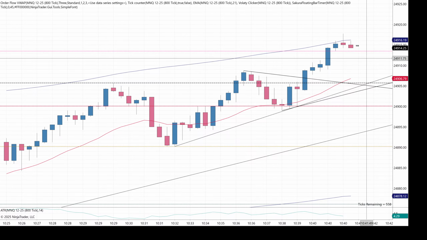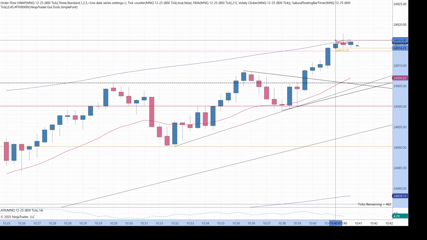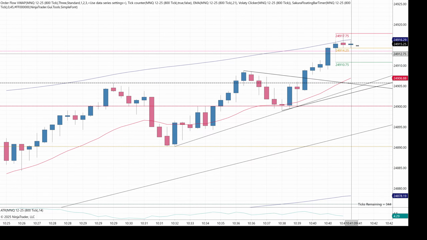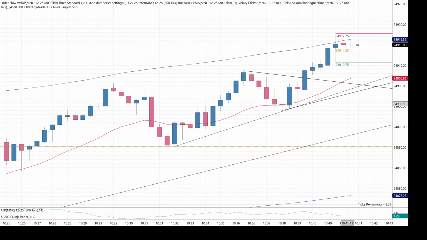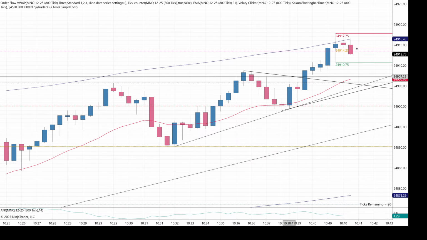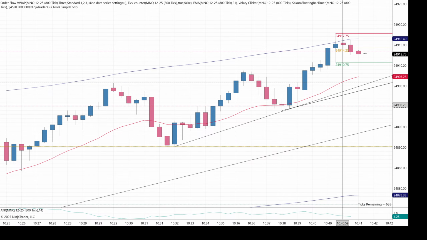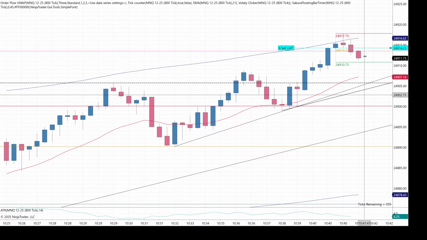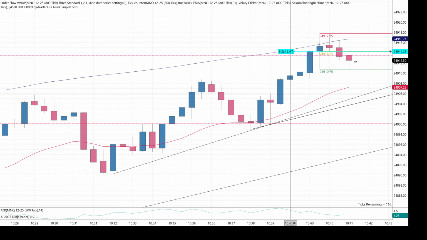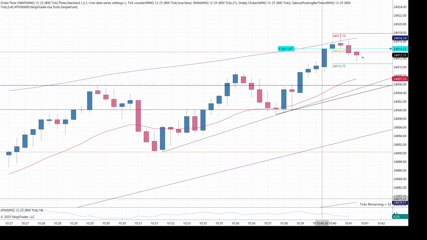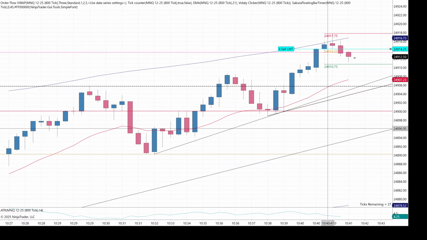But the runner's still running, so if the runner was taken out, we would have taken this bearish. All right, see if I can get back in. These signals are very small. I'm used to the signals being 3 times the size.